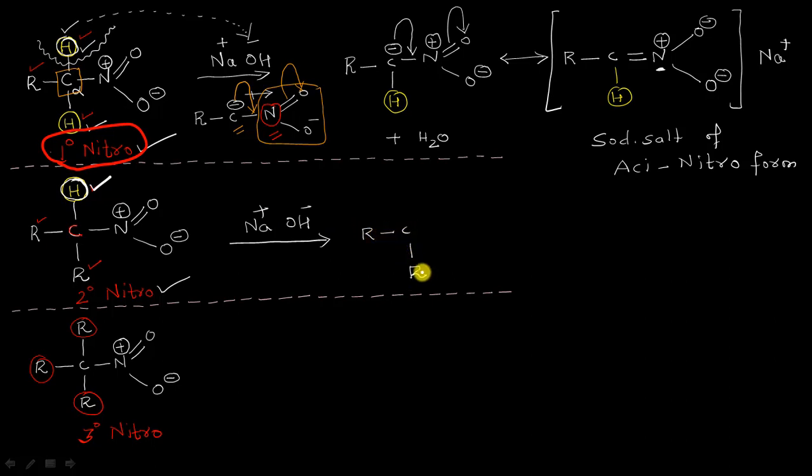This carbon atom here has two R groups, a single bond, nitro group here having negative charge, positive sign here. After the abstraction of this proton by the OH negative of our strong base, a negative charge will appear on this carbon atom.